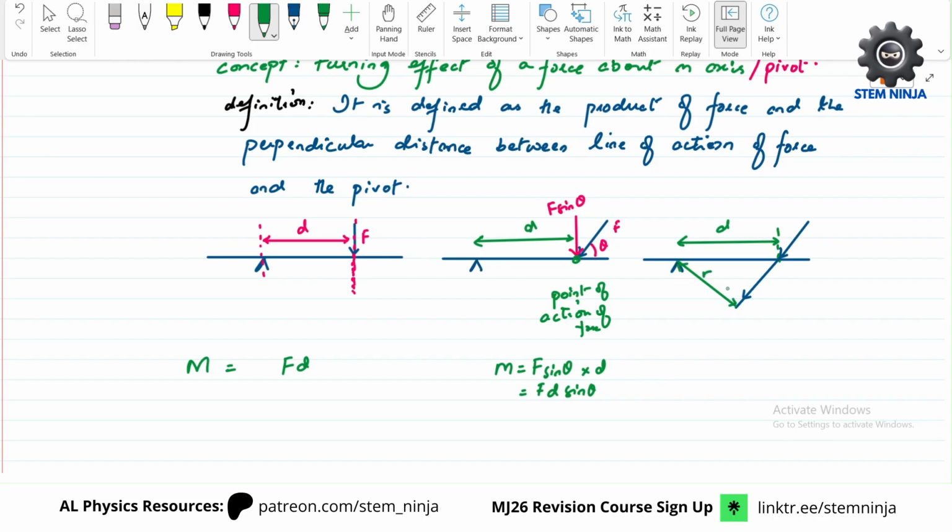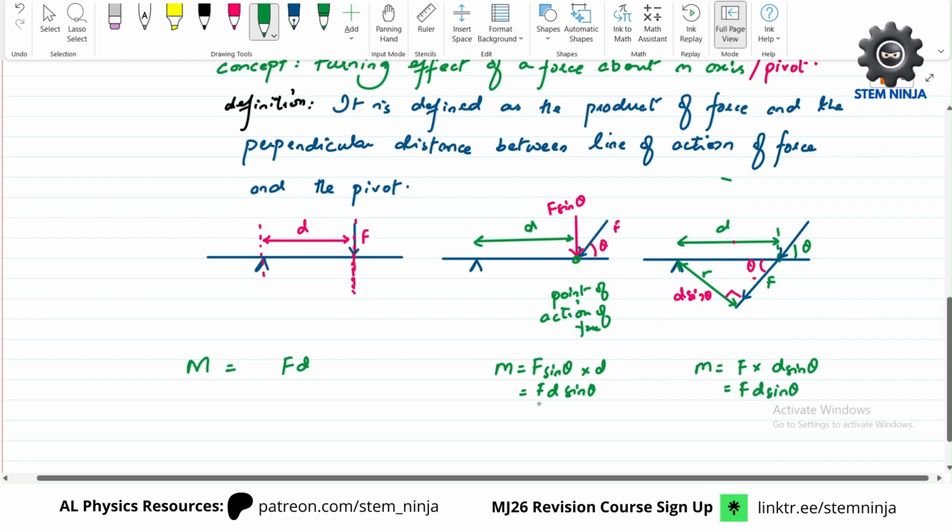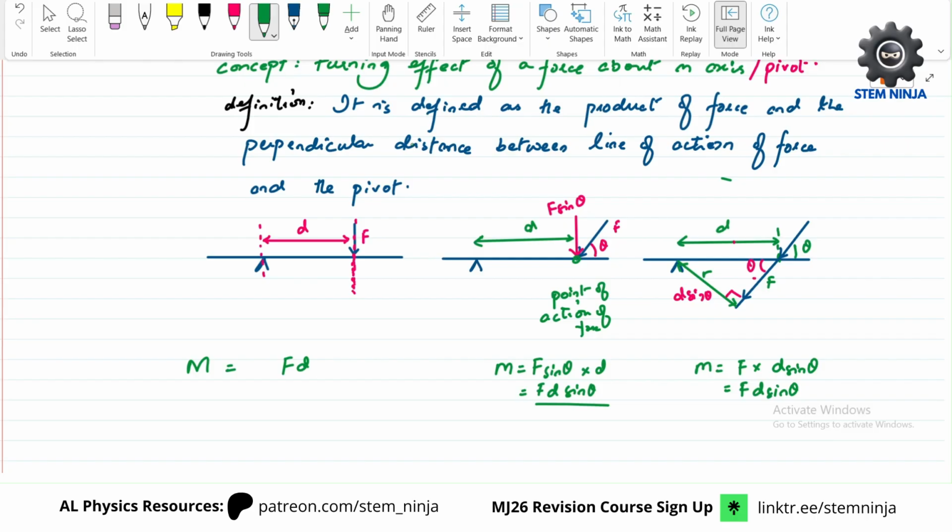Let's call this R. If this is the angle theta, this would be angle theta too, and since this is perpendicular, R would be D sine theta. Simple trigonometry. So again, you will have F times D sine theta, and as you can see, it ends up being FD sine theta as over here. All that means is that it's the perpendicular distance between the line of action of force and the pivot.